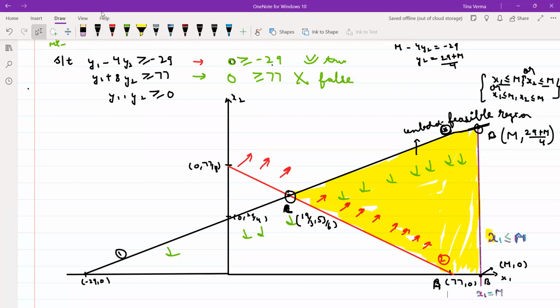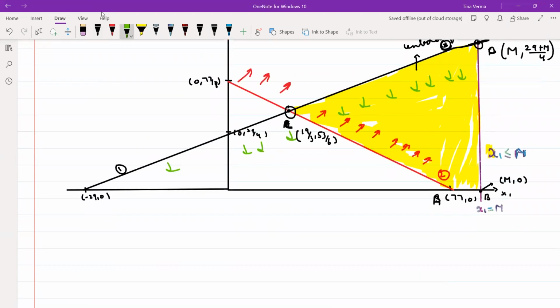Once you got the point, what is the next task? Find the optimal value of z. So what is my z over here? It is 3y1 minus 2y2 plus 22. So I can put the values to get ZA, ZB, ZC and ZD. Now my A point is 77, 0, and we have already obtained the value 253. ZB, with B as m, 0, is 3m.